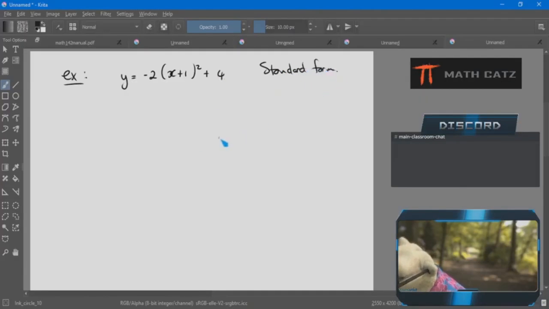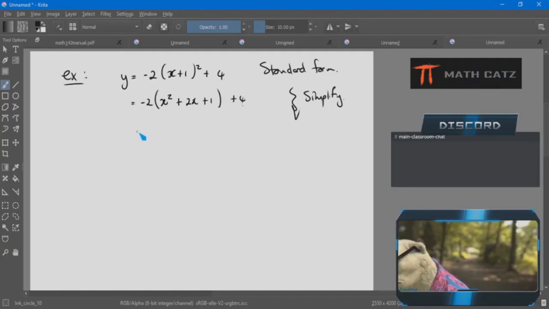If I now simplify this, I will get -2 times the simplified bracket. Hopefully everyone can remember how to simplify a two-term bracket squared. First one squared, product of the 2 times 2, last one squared, and then I still have my plus 4.